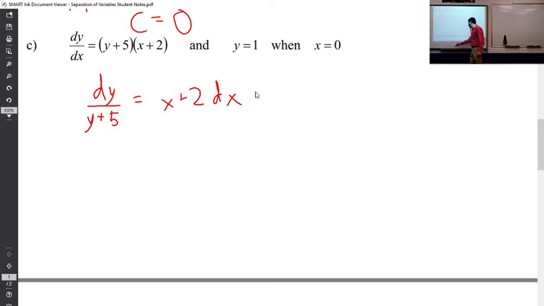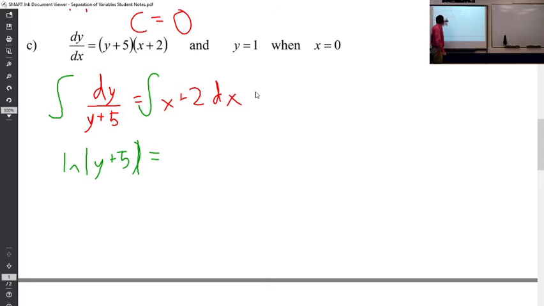So now when I do the antiderivative of both sides, antiderivative of 1 over y plus 5 is going to be the natural log of the absolute value of y plus 5 equals, antiderivative of here is going to be 1/2 x squared. Antiderivative here is going to be 2x plus c.